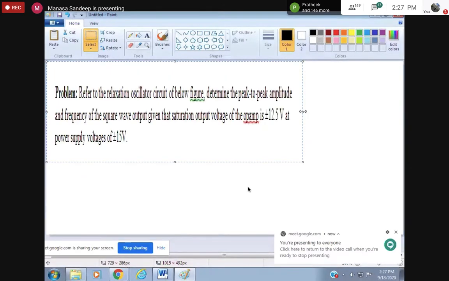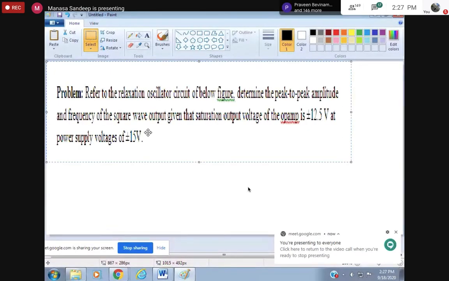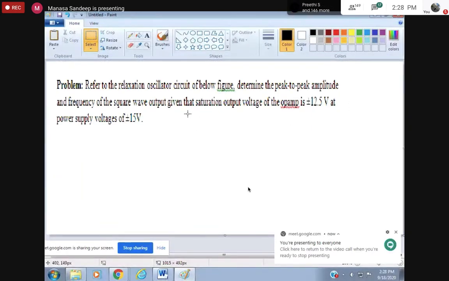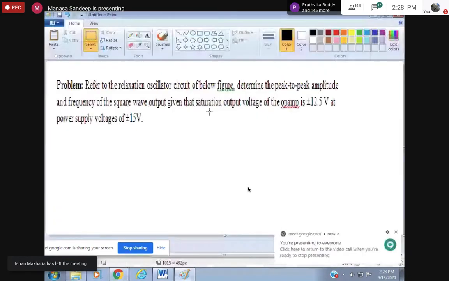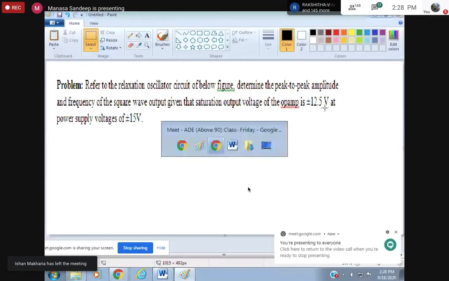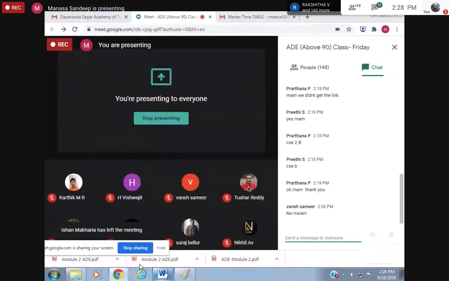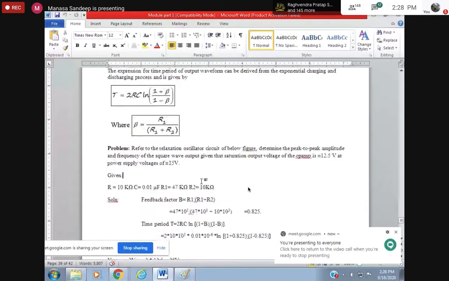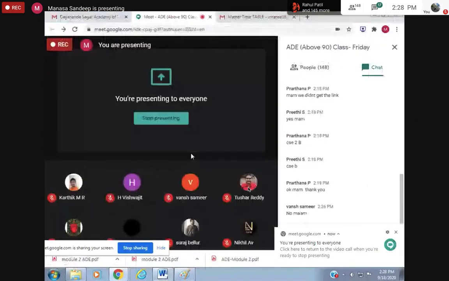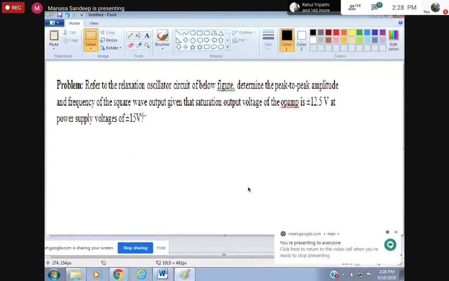Guys, take down: refer to the relaxation oscillator circuit of the below figure, and determine the peak to peak amplitude and frequency of the square output, given that the saturation output voltage of the op amp is plus or minus 12 volts. Where is the diagram? I have not given this diagram.